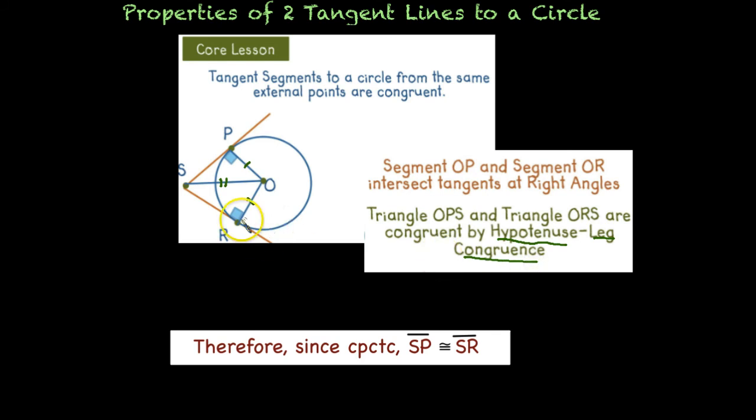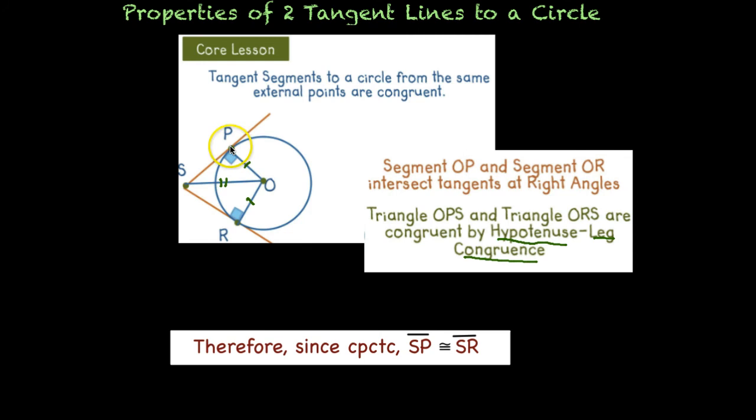If you remember studying congruent triangles, there are certain shortcuts that can help us to determine if two triangles are congruent. The hypotenuse leg congruence says that if the hypotenuse and one other leg are congruent, then the triangles are congruent. We have this center line SO, which is the hypotenuse on the upper triangle SPO, and obviously that hypotenuse is congruent to the lower triangle's hypotenuse SRO, since it's the same hypotenuse.